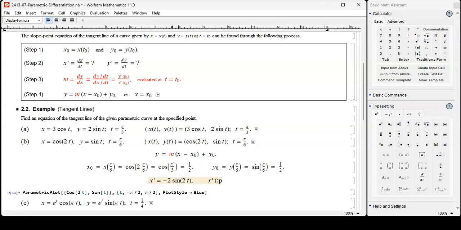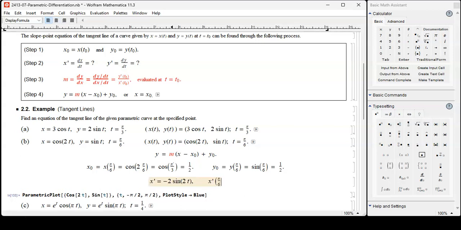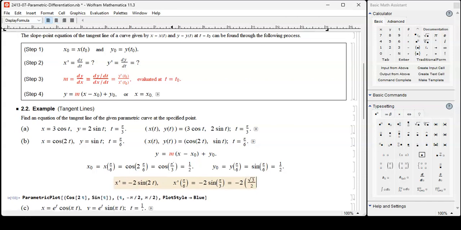So x prime evaluated at pi over 6 is negative 2 sine of 2 pi over 6. Nobody writes like this. 2 pi over 6. What is this? It's pi over 3. So it's negative 2 times square root of 3 over 2. So that's negative square root of 3. Did I do this computation right?